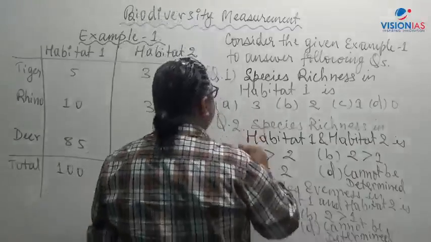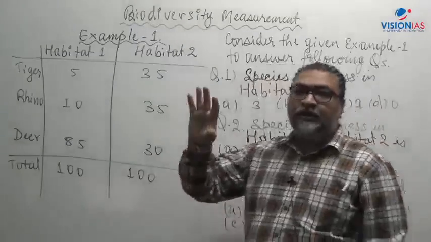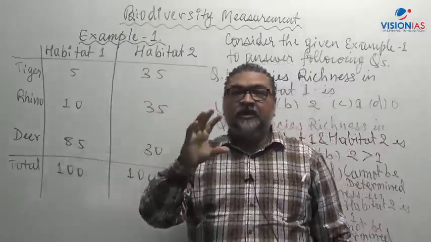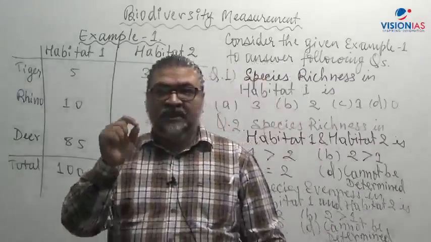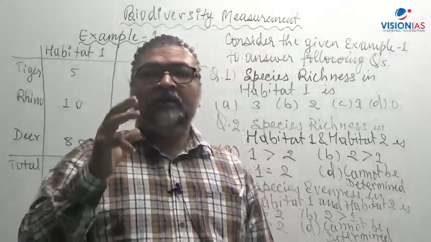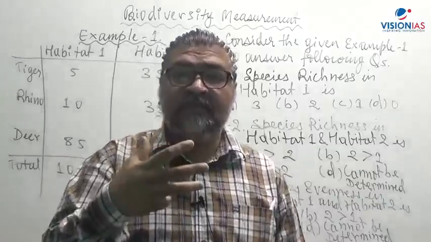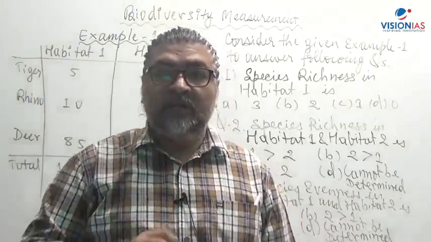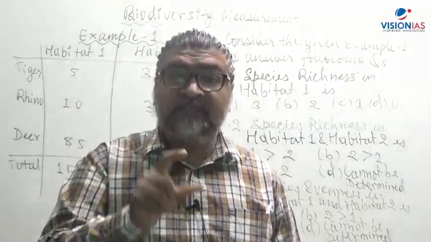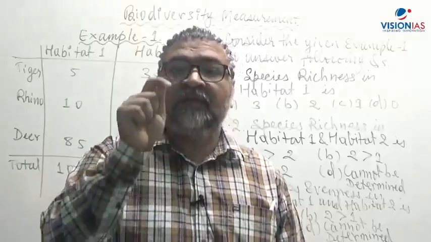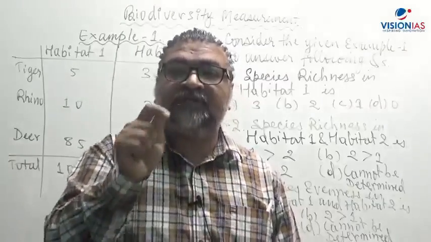Now let's look at the answer here. So look at here, habitat 1. What is species richness? Yesterday I defined in the classroom that richness is the number of species found in a habitat. How many different types of species are found in a given habitat? That is called richness.